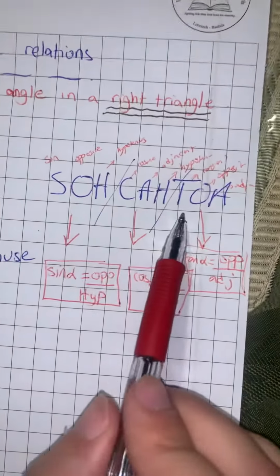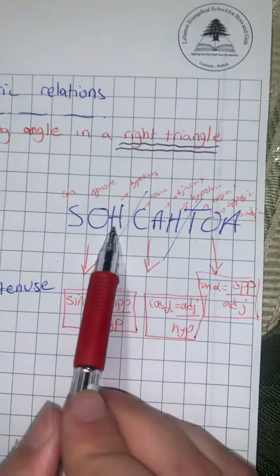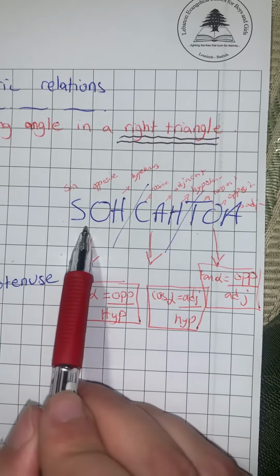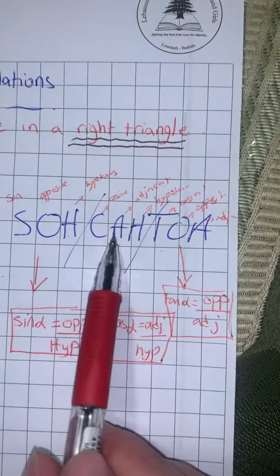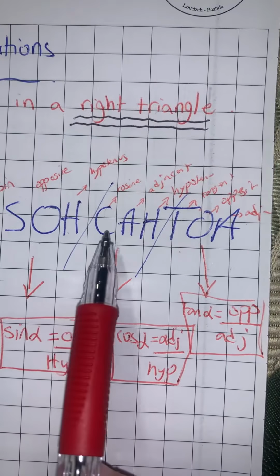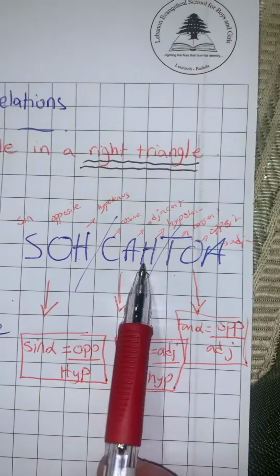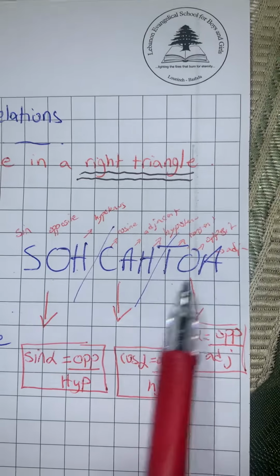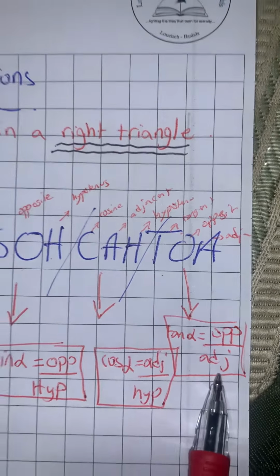So SOHCAHTOA: sine equals opposite over hypotenuse. CAH means cosine equals adjacent over hypotenuse. And finally, TOA, tangent equals opposite over adjacent.